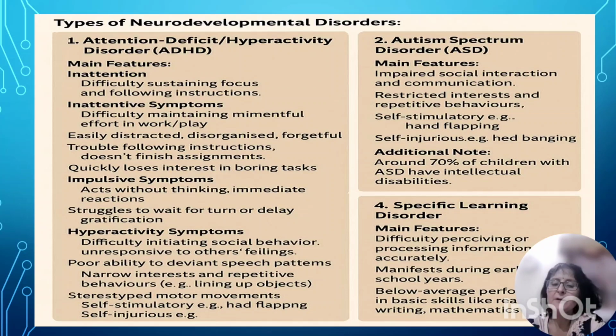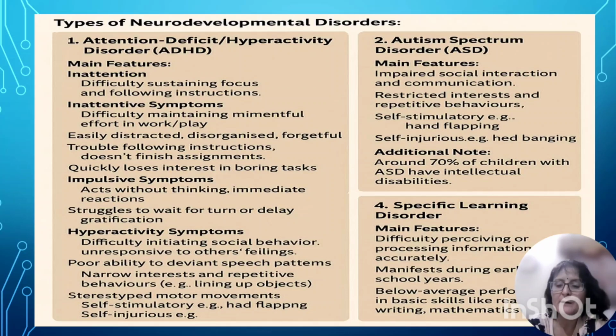These children experience some retinal issue. The images which are formed, they find that the letters are inverted. That's why they experience B to P, P to B, M to W, W to M. So they have difficulty in processing this information, and it is manifested during the early school years.